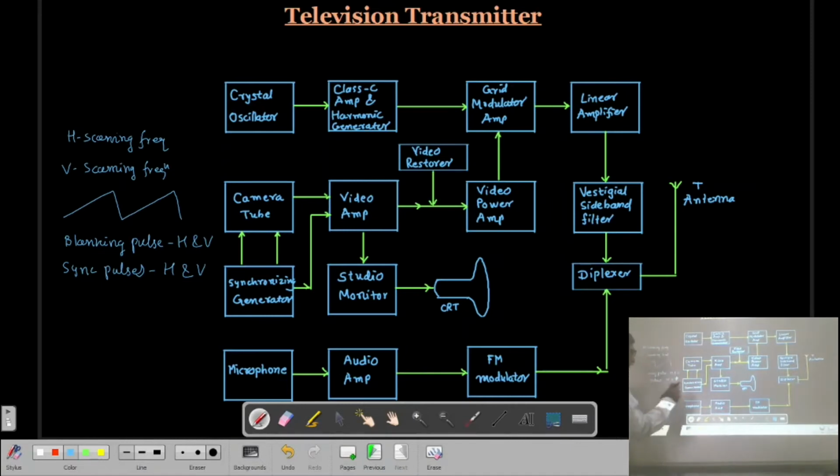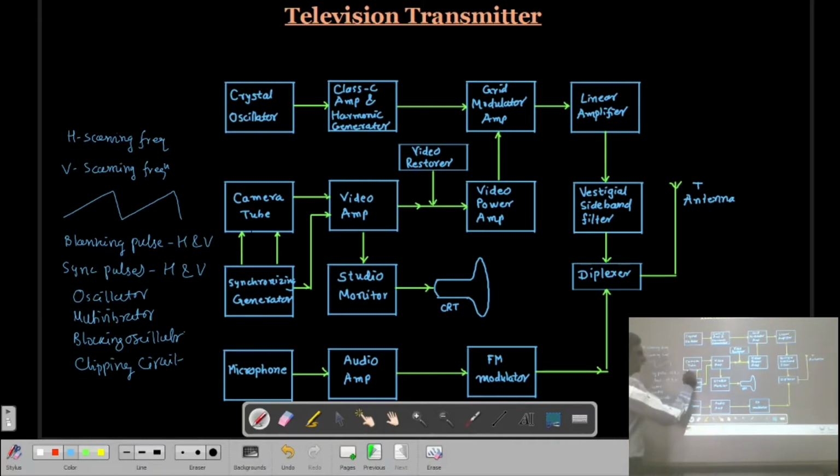So this synchronizing generator consists of an oscillator circuit, multivibrator circuit, blocking oscillator, and the clipping circuit. So it is going to generate all these different pulses. These pulses are given to the camera tube.